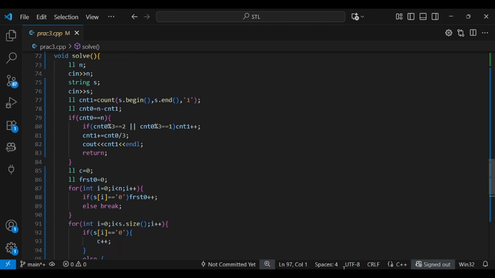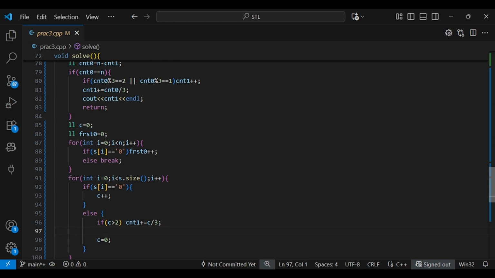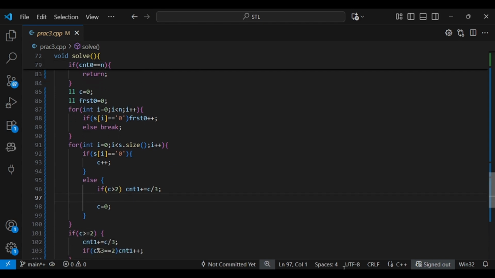Then we calculated the first segment of zeros in this loop, and we saved it in the first0 variable, meaning the total number of zeros in the first segment. And then we calculated the number of zeros in the middle portion. In this loop we calculated for the middle portion and we increased the total number of students by c divided by 3. C here means the total number of zeros in the middle portion.